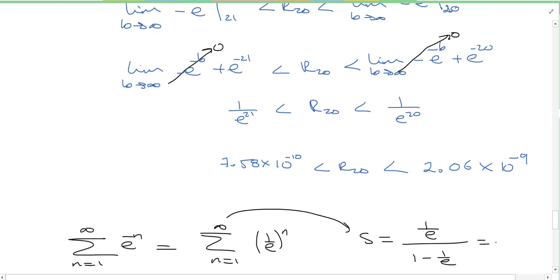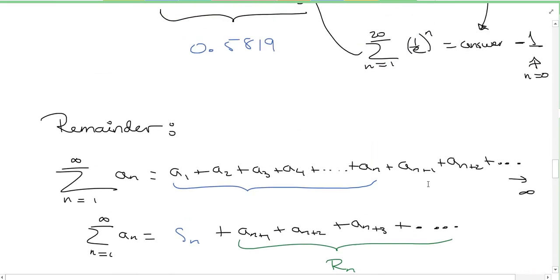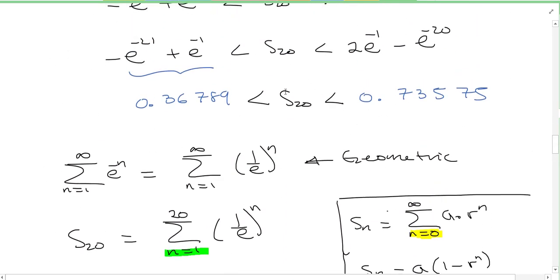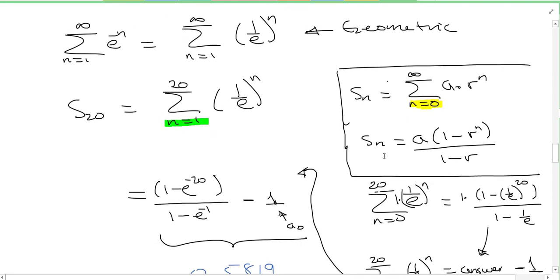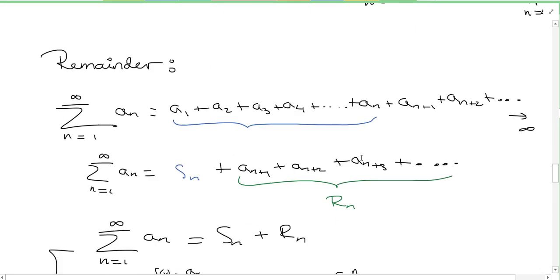What we should find is that this sum will be very close to our approximation for S20. We did find our S20 by doing the geometric sum, 0.5819.